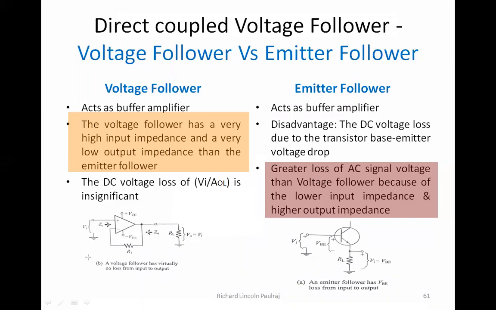So what kind of configuration is this? Is this an inverting or non-inverting configuration? Students, is it inverting or non-inverting configuration, this circuit that you see here?